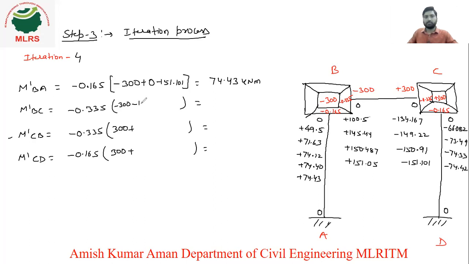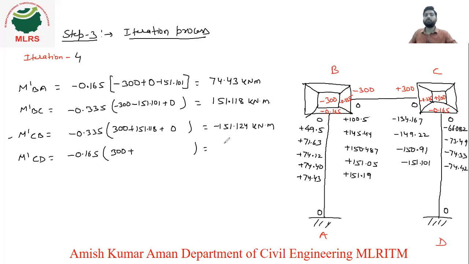Next, minus 151.101 plus 0. So if you will calculate it again, you will get 151.118 kilonewton meter. So you can write plus 151.12 here. Next will be 151.118 plus 0. So you will get minus 151.124 kilonewton meter.